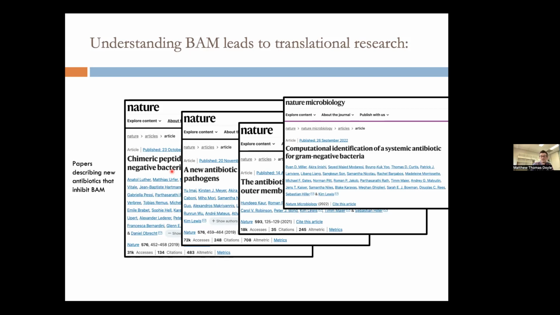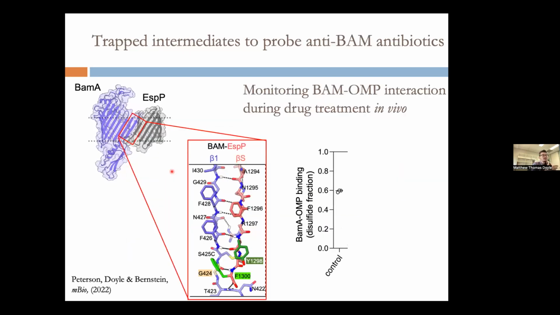So what I want to say is that the model protein that I'm able to work with as a tool for fundamental investigations is also a very good tool to investigate how these types of new BAM inhibitors function.